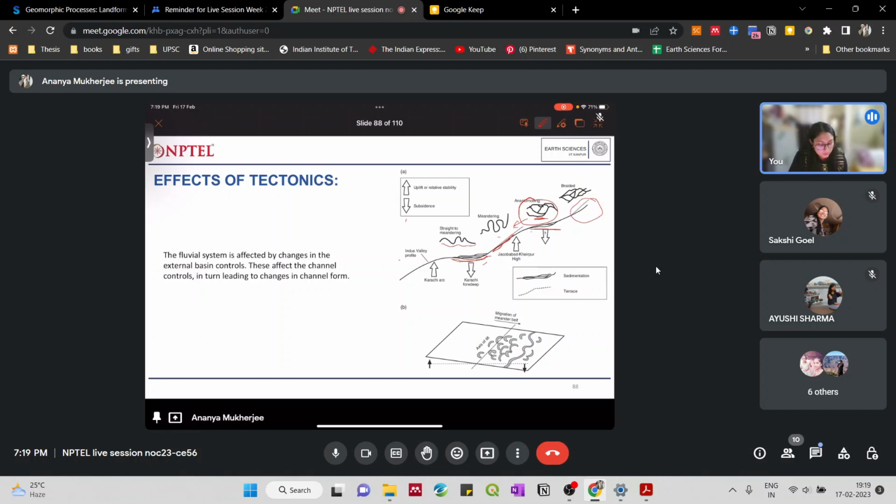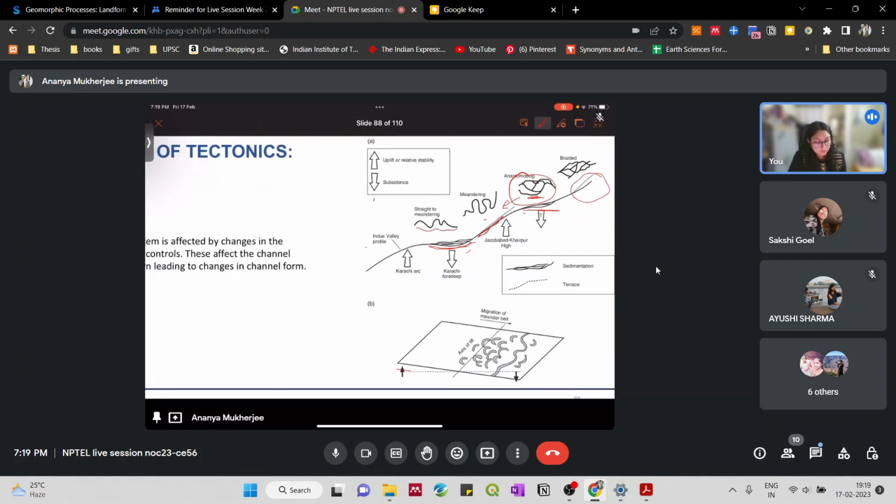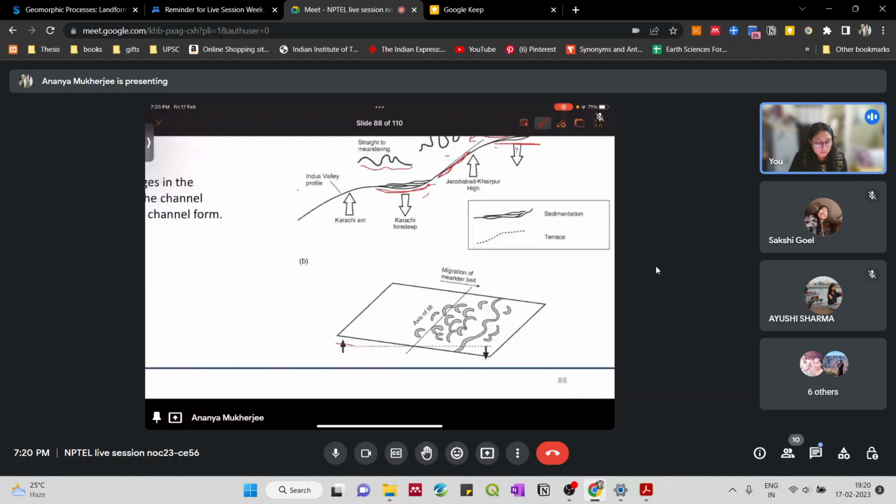Over here also you can see, suppose this is your plain. This is the migration of meander belts. Suppose this area gets subsided, or there's a fault and this area has gone down, then the meanders are going to get slowly separated with respect to the change in slopes.